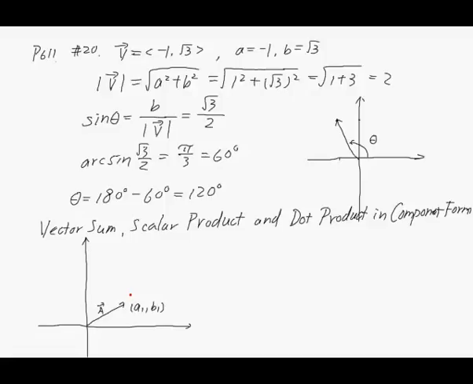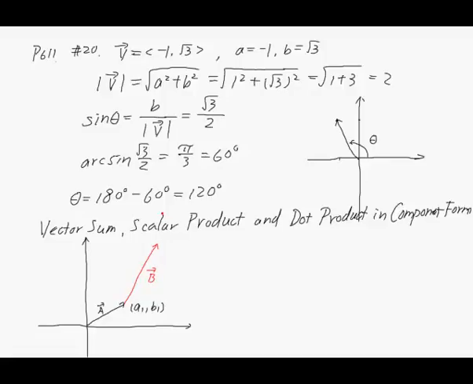So now to add the vector A and vector B, I need to place vector B so that the initial point of this vector B coincides with the terminal point of this vector A. So right now, let me draw another vector B. Let me use the red. So this is the vector B.